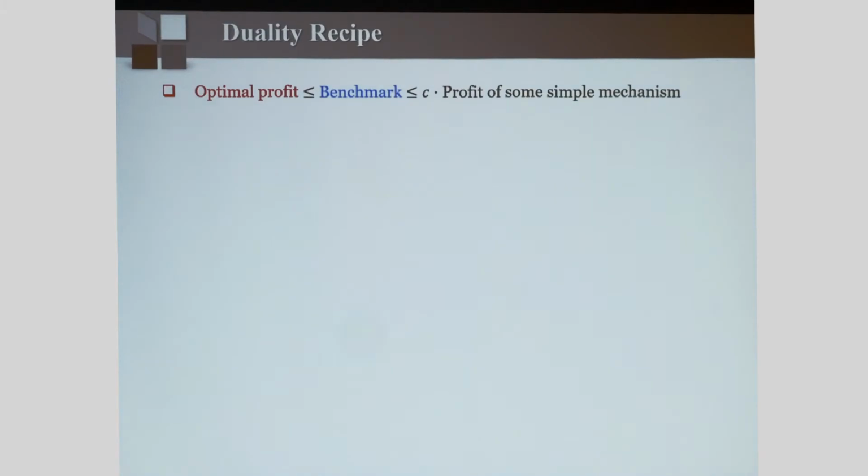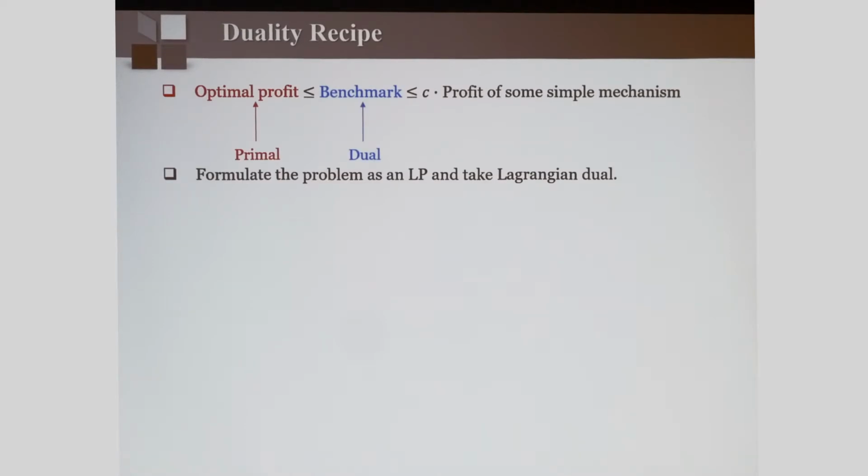So similar to the revenue maximization problem, the major challenge is to come up with a benchmark of the optimal profit. And so in the paper, we use this Cai-Devanur-Weinberg duality framework. And we'll only sketch the process of this framework. So I first formulate the maximization problem as an LP and take the Lagrangian dual.